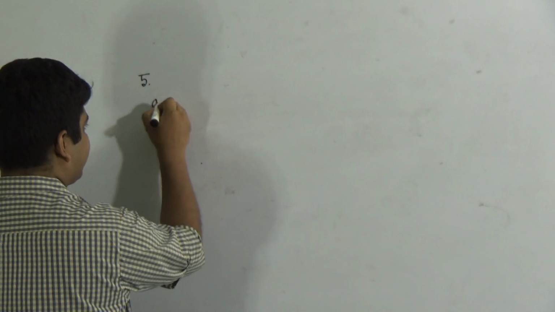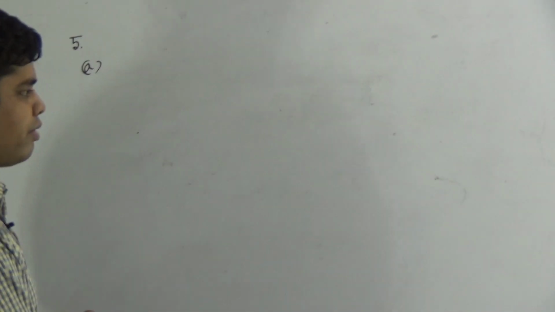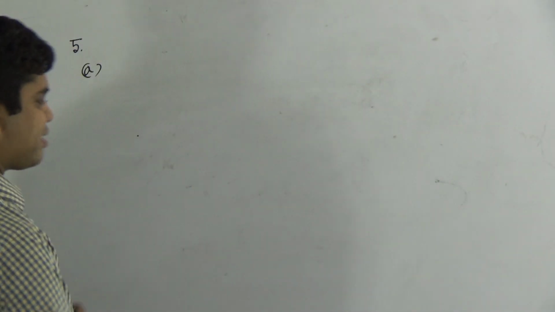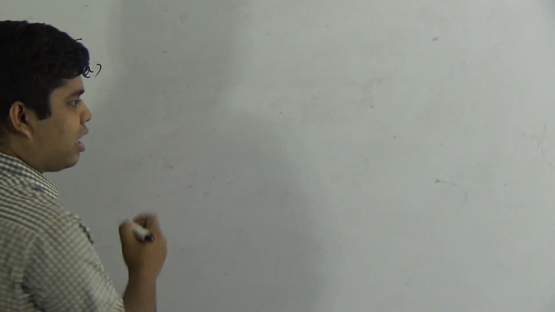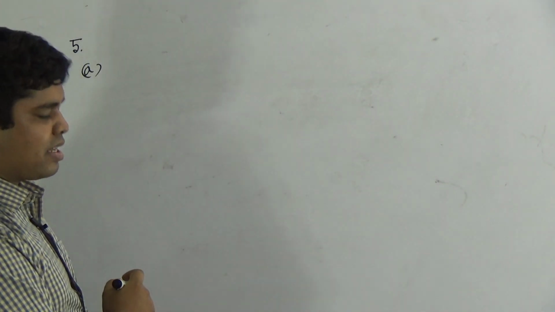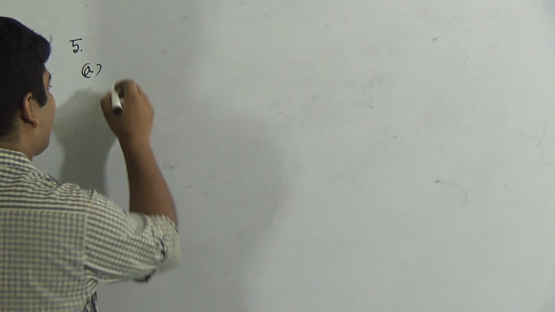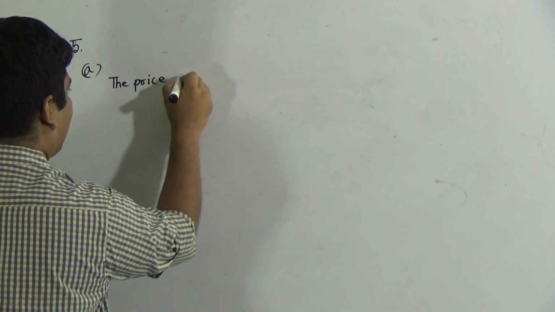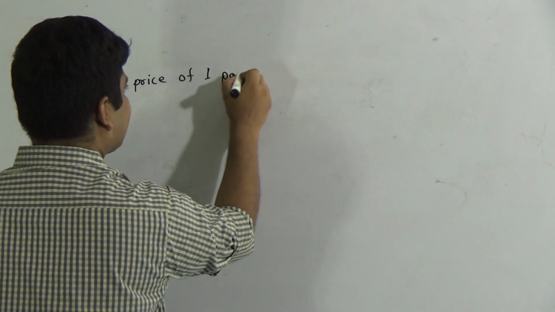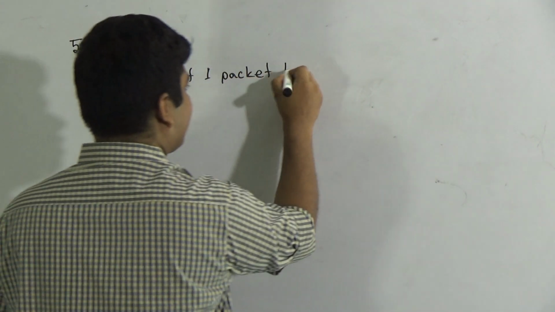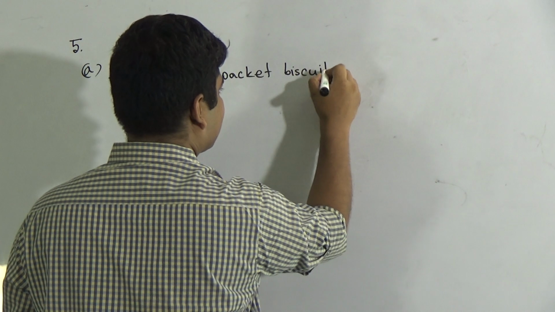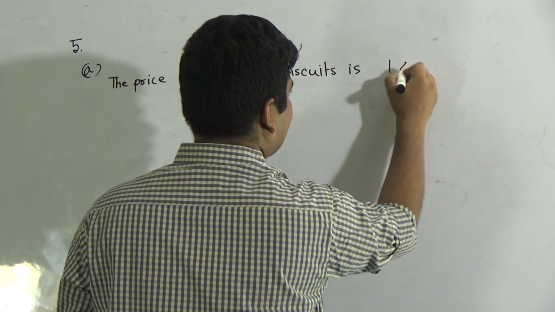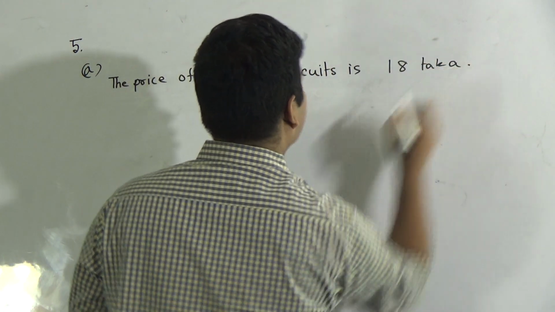Question A. First of all, we find out the price of X packets of biscuits. In order to find that, at first we write: the price of 1 packet of biscuits is 18 taka.